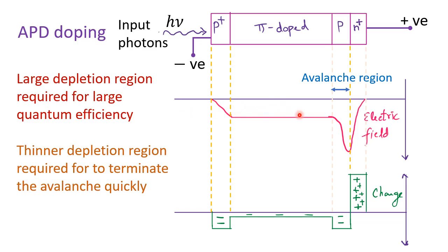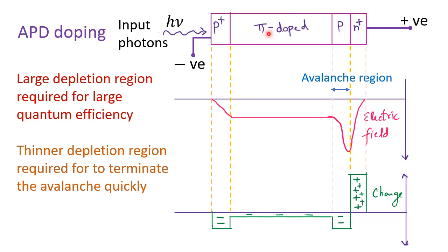But I think this is the main idea, that you not only have a drift where you are sweeping the charges fast, you are also multiplying the charges within this avalanche region. This avalanche region is crucial for you to create multiple electron hole pairs, which contribute to larger current through the external device.